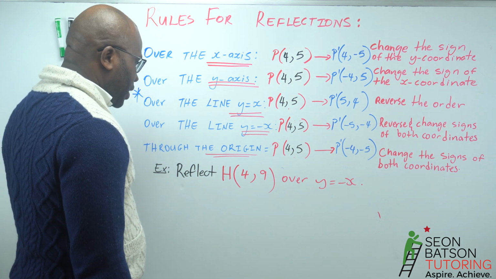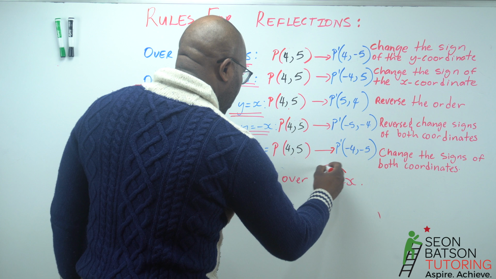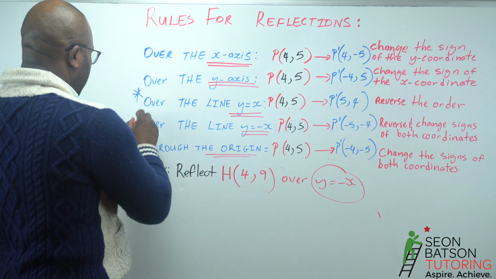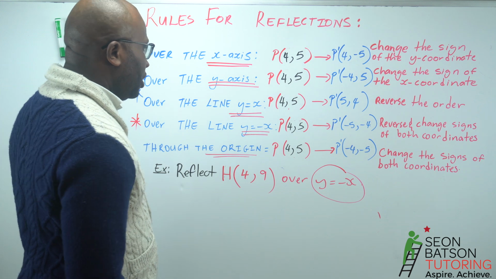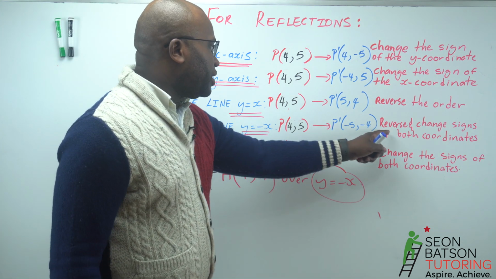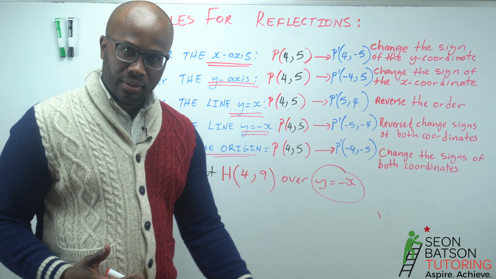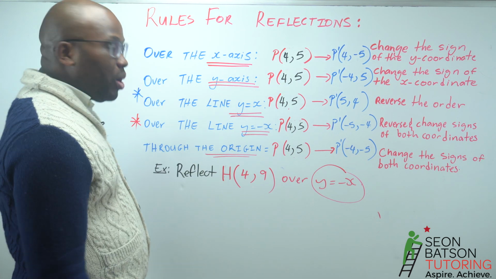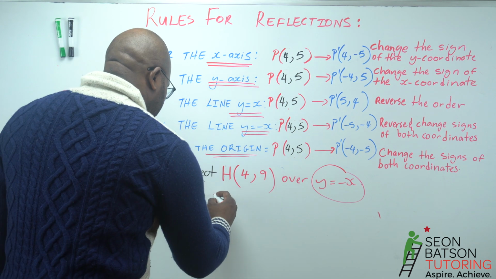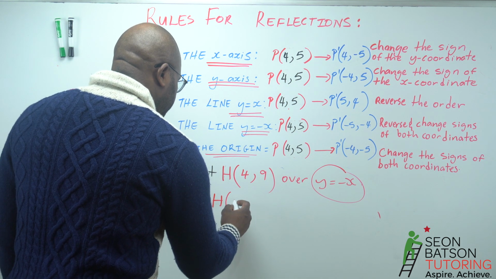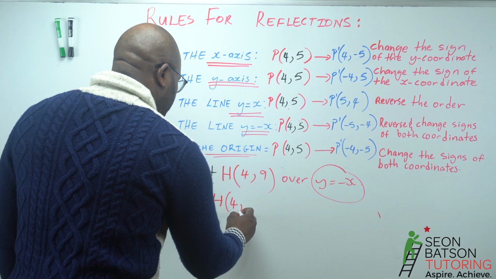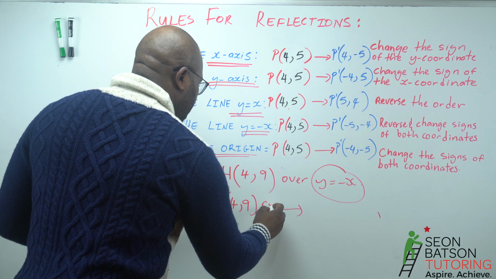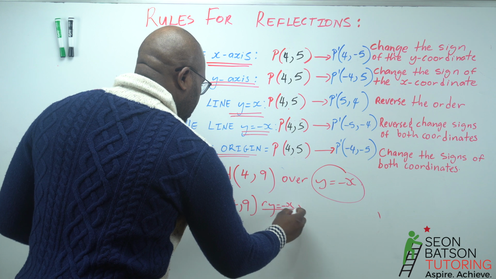So in this example, we are reflecting over the line y equals -x. And what is the rule for this reflection? The rule says we will first reverse the order of the coordinates, yeah? Then change the signs of both coordinates. So we have H. Let's put back our original point here. And we're going over y equals -x.